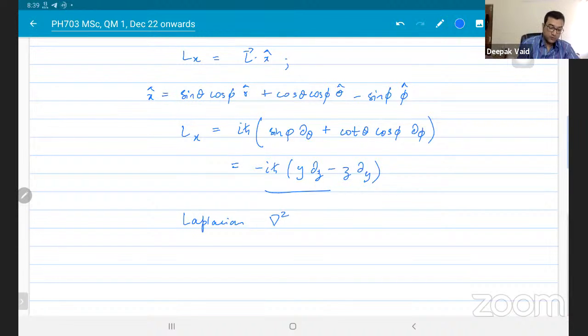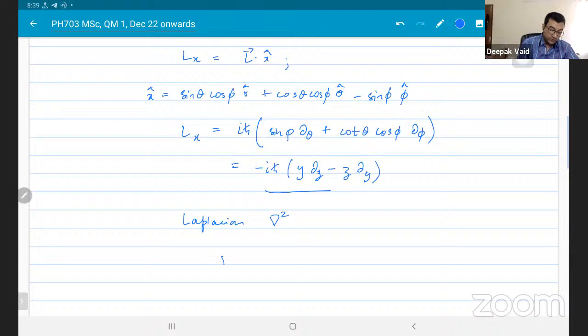You can think of it as the most important operator in physics. Everywhere you go, Laplace's equation, Helmholtz equation, wave equation, Schrodinger equation, Coulomb's law in electromagnetism, everywhere this shows up.